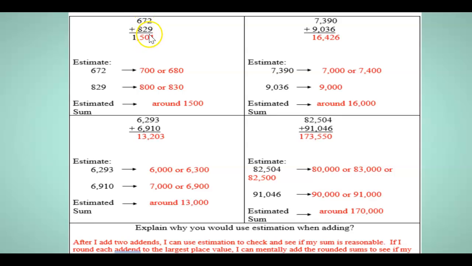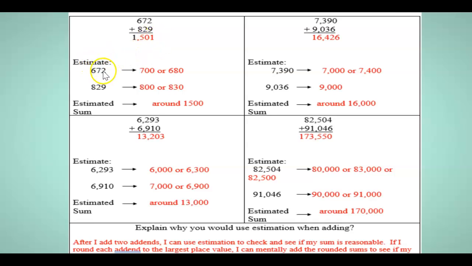So you bring the 0 down here, and now you have one group of hundreds that you have to regroup. So you have 6 plus the 1 plus the 8, that equals 15. You bring the 5 here, and this 1 has been regrouped to the thousands place. So there's nothing else to add with that, so you bring that down. So your actual answer is 1,501 for this one.